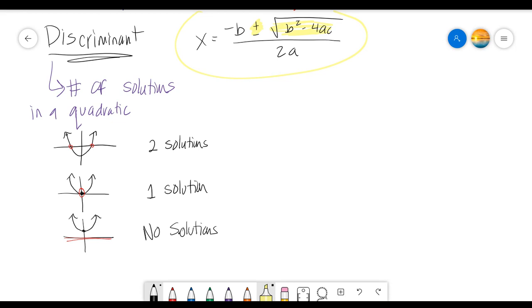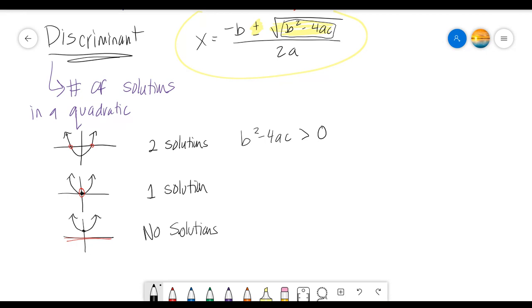That happens when this part of our equation, the b squared minus 4ac, is greater than 0. If that's a positive number, like 16, 25, even 28, that's not a perfect square, you would still get a positive and a negative value.